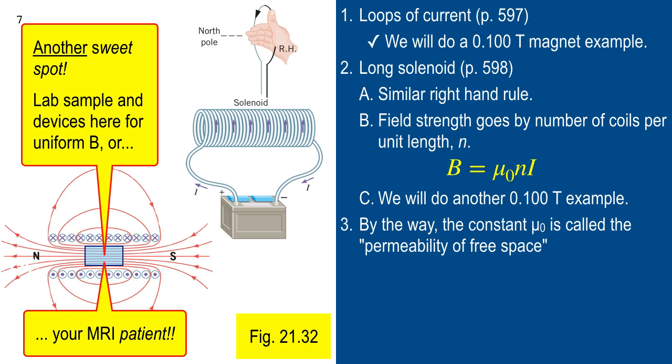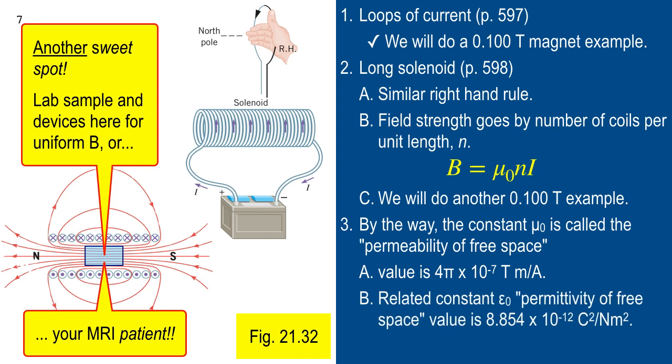Free space. And we still use the term, and we still use the constant, because it's kind of useful. Here's the value of it, in our version of the metric system, with Teslas and amperes: mu naught is 4 pi times 10 to the minus 7 Tesla meters per amp.